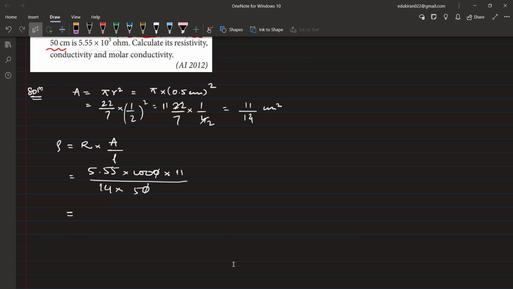14 भी है वहां पे, 5 भी है वहां पे. $555 into 11 upon this 87.2.